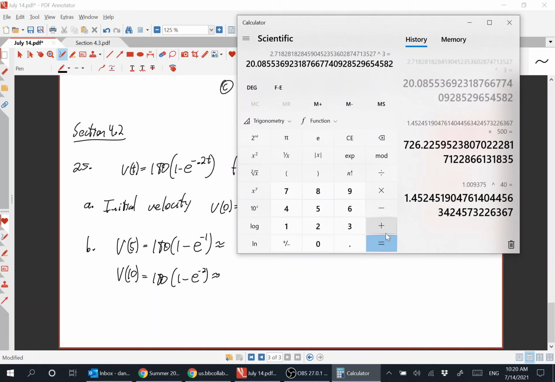So e to the third is 20.08. Or you might have one of those little solar calculators, in which case it uses reverse notation. I don't know if any of you are using that, but if you are, you would hit 3, and then hit the e to the x button. But this is not that. Graphing calculators are more like this one here.